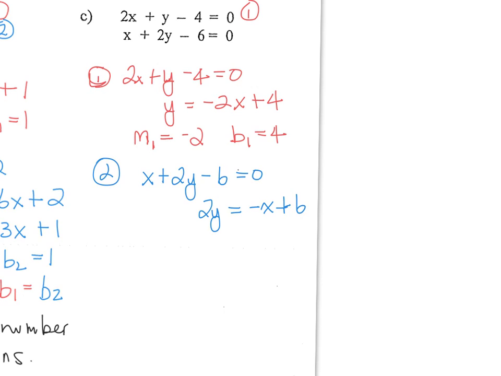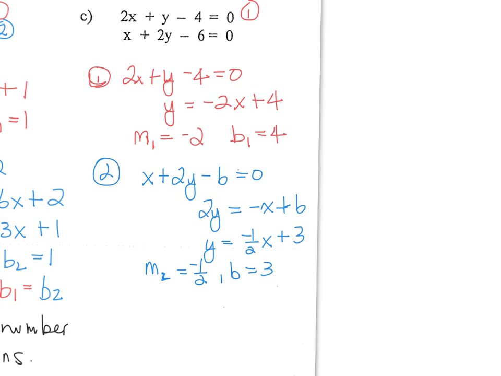We're going to divide everything out. So y equals negative 1/2 x plus 3. Okay, so my m2, my second line, is equal to negative 1/2, and the b is equal to 3.